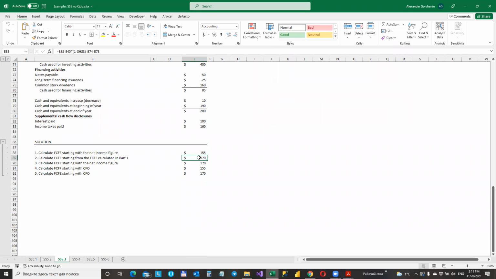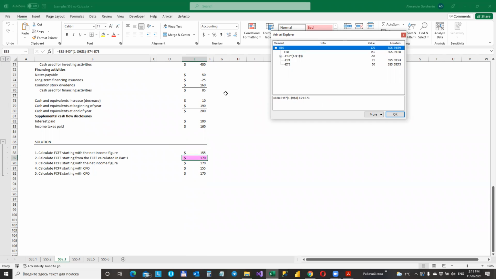Then, how to get free cash flow to the equity, starting from the free cash flow to the firm. We have the free cash flow to the firm calculated first, then subtracting the effect of the interest expense, subtracting changes in notes payable and long-term financing issuance.